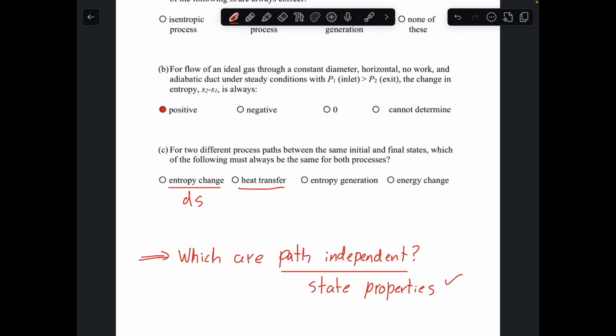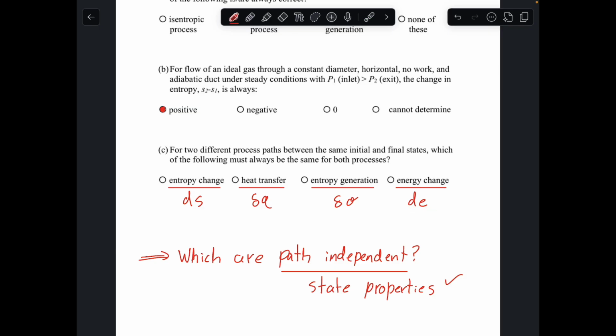Whereas for something like heat transfer, when we write out a differential form of heat transfer, we'll usually write it with this little delta, which means we're taking a path-dependent approach. The same is true for entropy generation. We would write that out with a delta, and energy is a state property, so we would write that out with a d for the exact differential for energy.